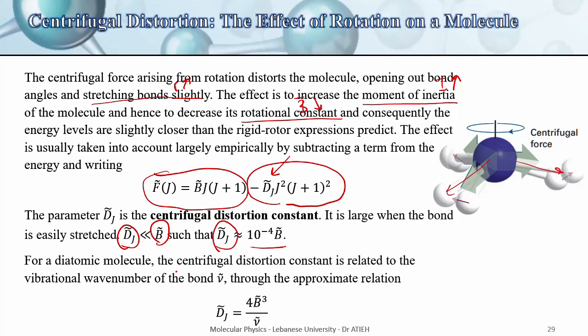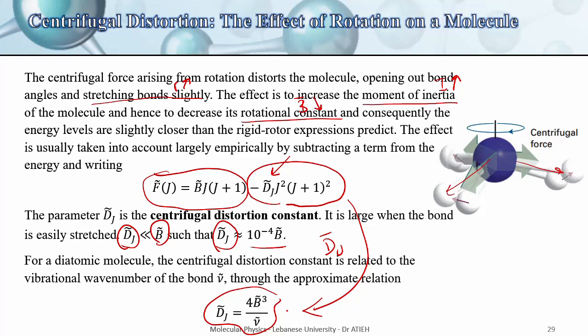For a diatomic molecule, the centrifugal distortion constant, D_J, is related to the vibrational wave number of the bond, nu bar, through the approximate relation D_J equals 4B cubed over nu bar squared. I will prove this formula, and the previous one, both of them, in an exercise later at the end.